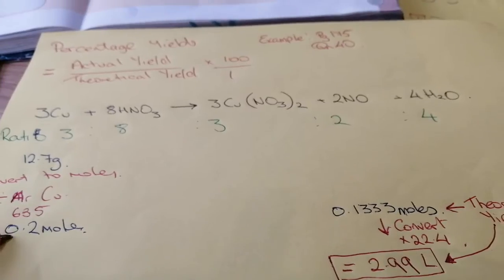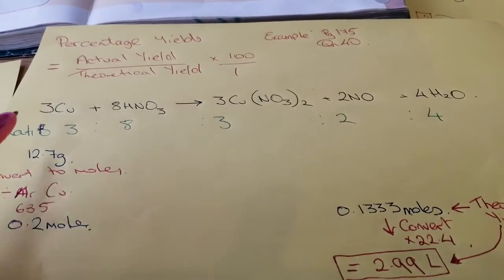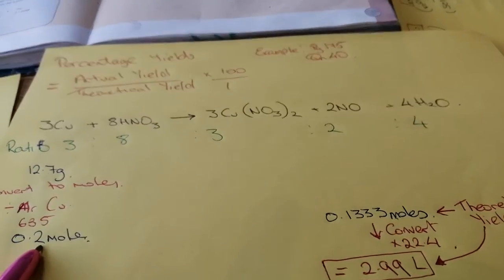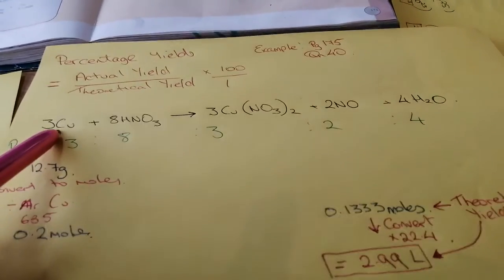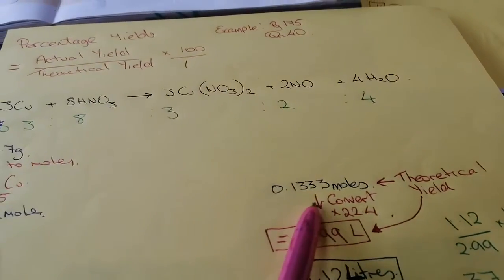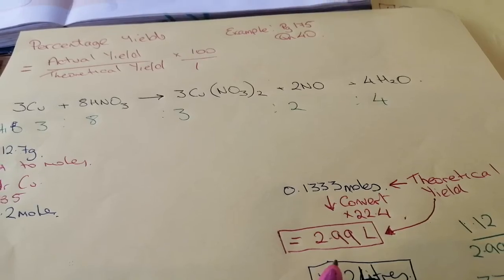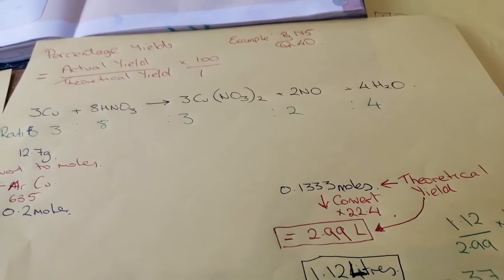Now I have to get my new ratio, just like before. So it's 3:2. To make my life easy, I took this number, divided it by 3, and multiplied it by 2. And I end up that I should be getting 0.1333 recurring moles. That's my theoretical yield in moles.